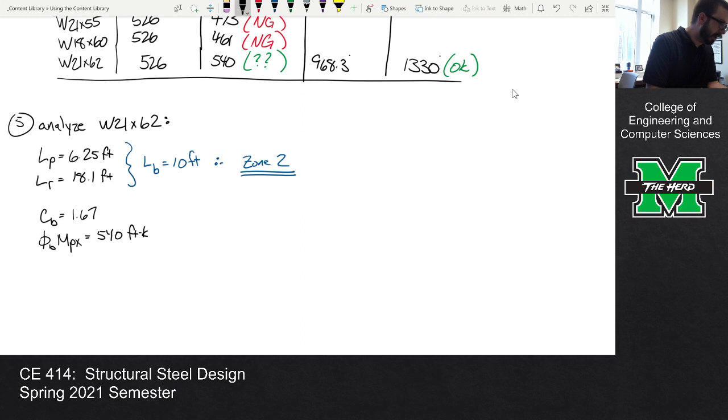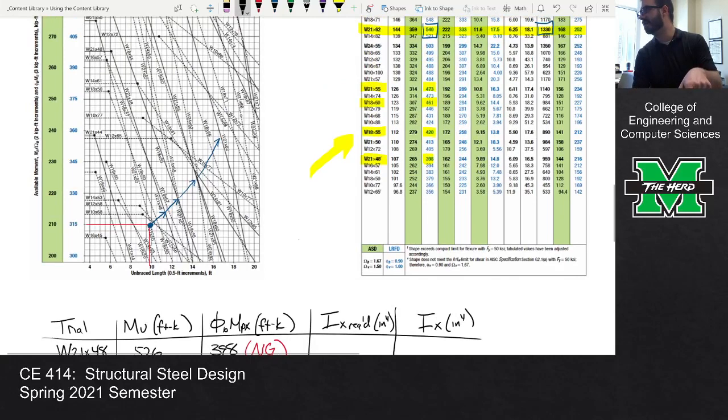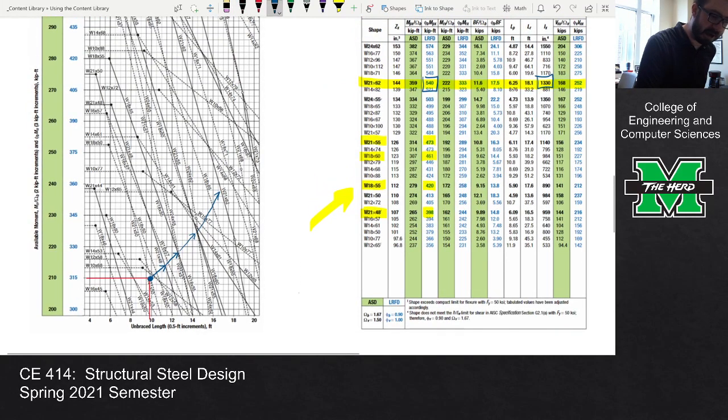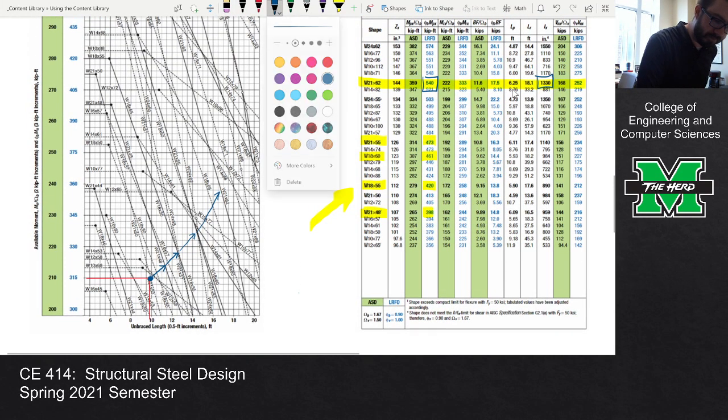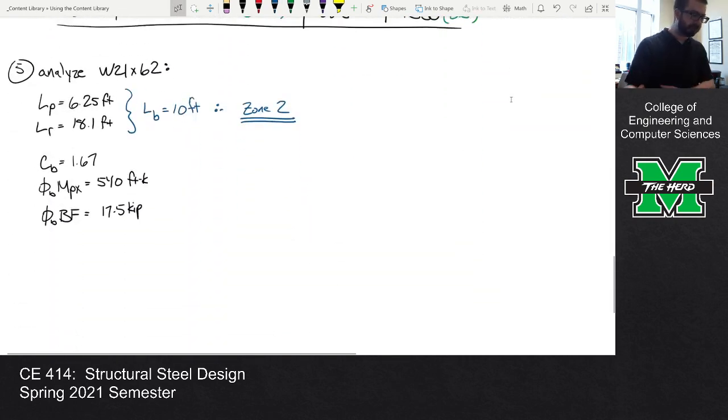We need our VBF, which for this section is 17.5 kips. Again, just got that from table 3.2. You can see that right there. Here's the VMP, here's the VBF, the LP and the LR. All that stuff's just coming from the table. We also have the VVN here and the moment of inertia. So it's all just coming from there.